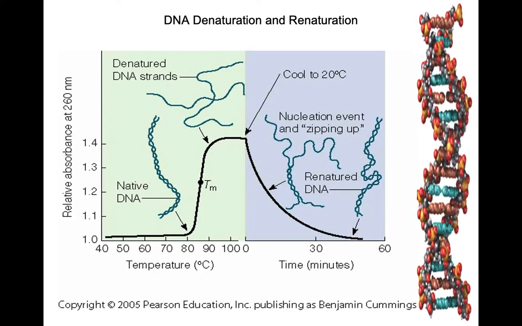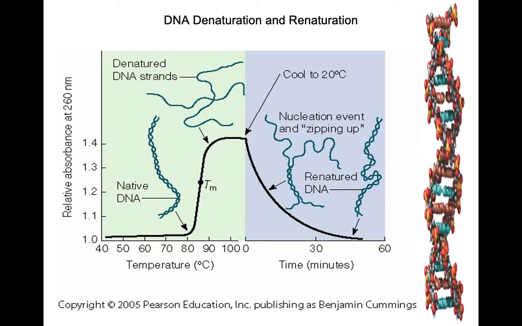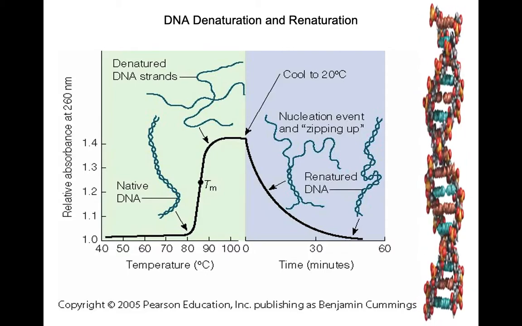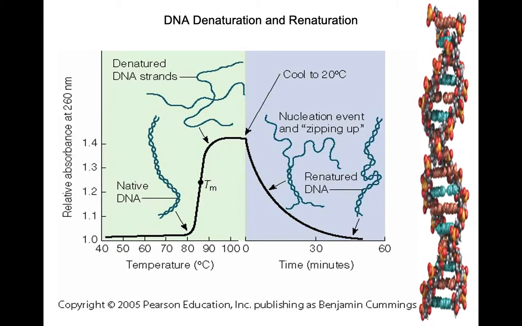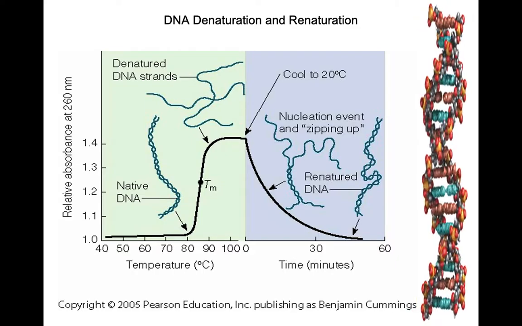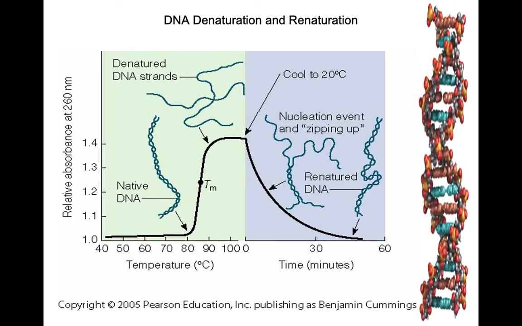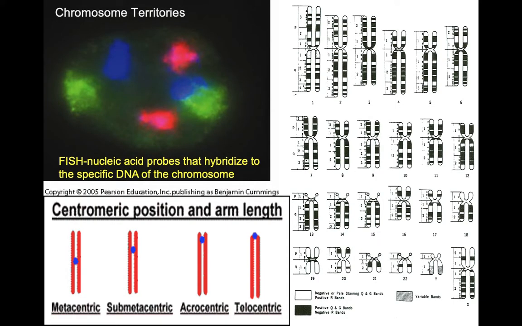Now, in addition, particularly for eukaryotes, we introduced the idea that certain portions of the eukaryotic chromosome are actually comprised of non-coding or repetitive sequences.